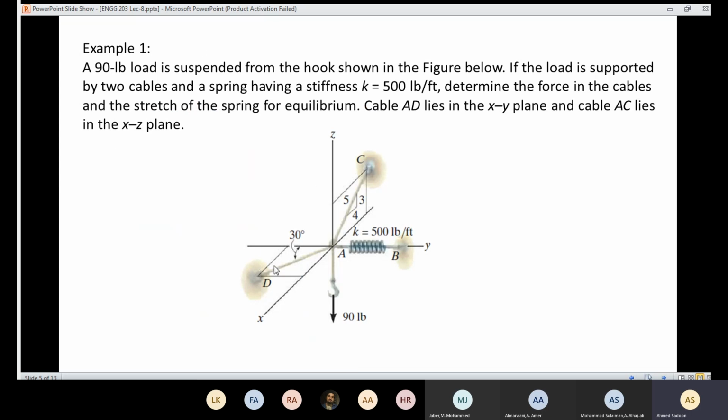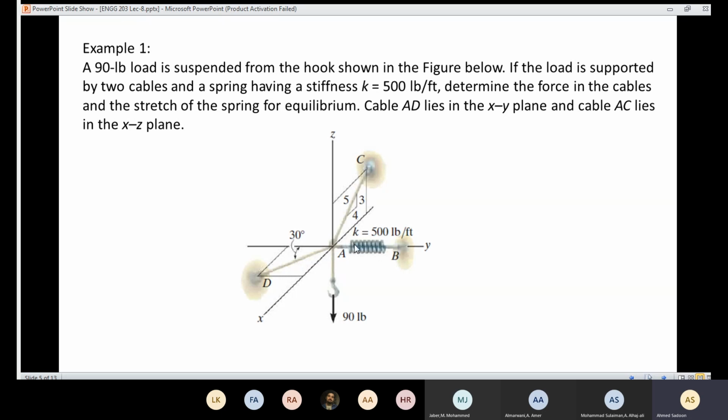Like you can see here, I have a system of cables holding a load equal to 90 pounds using that hook. Here I have a load of 90 pounds, and here I have knot A, connected with 3 cables: AD, AC, and AB. In cable AB we have a spring.